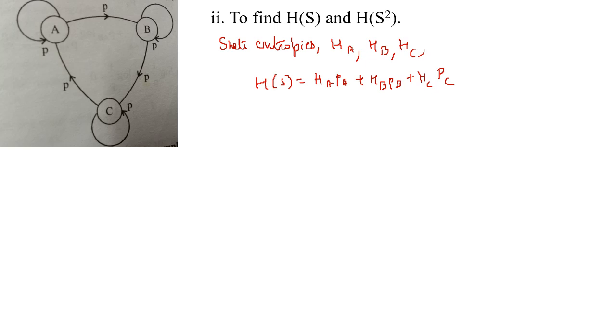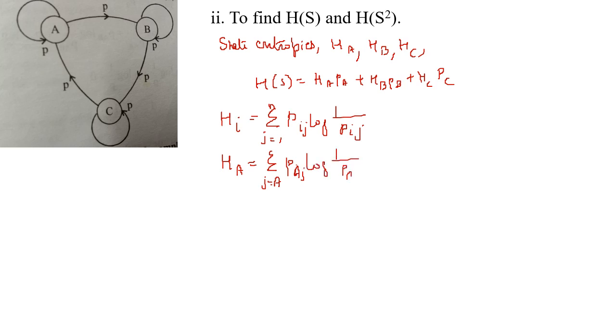Now how to find the state entropies? We know state entropies are given by the formula Hi is equal to summation j is equal to 1 to n Pij into log 1 by Pij. So we have the first state as HA. So we can write HA is equal to summation, here j is not from 1 to A, it is from A to C, so j is equal to A to C of PAj log 1 by PAj.